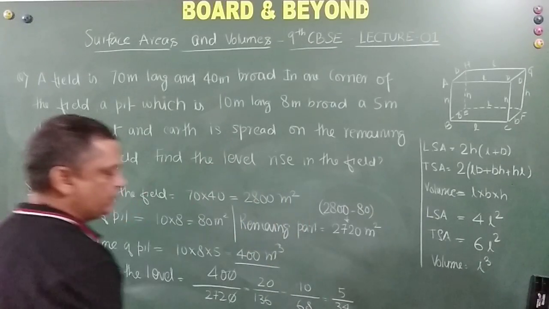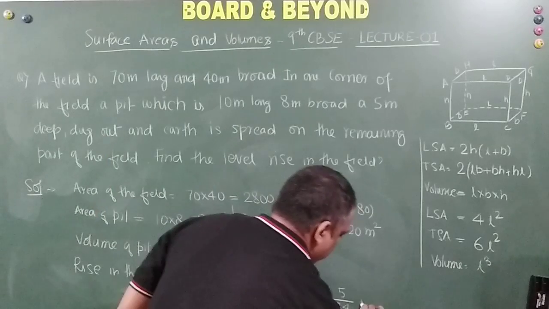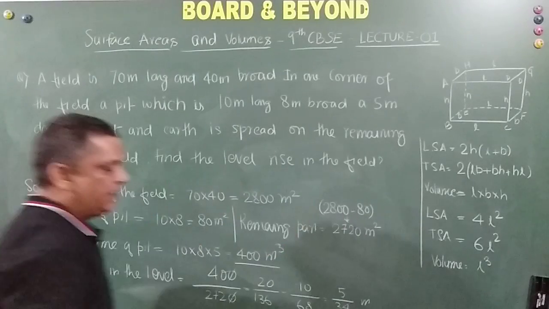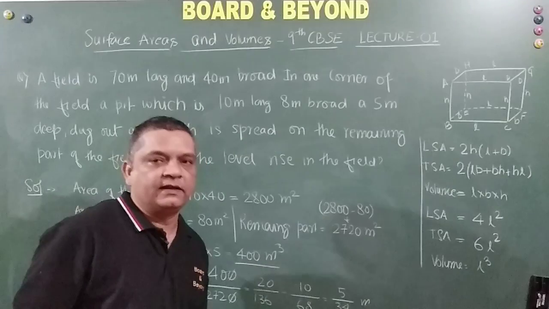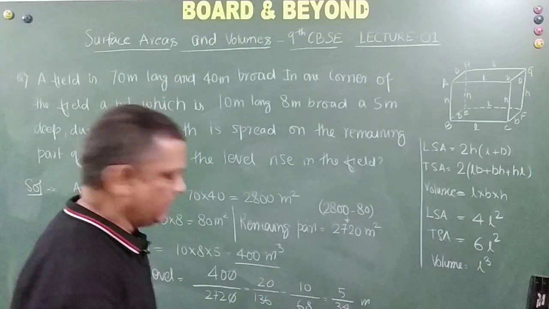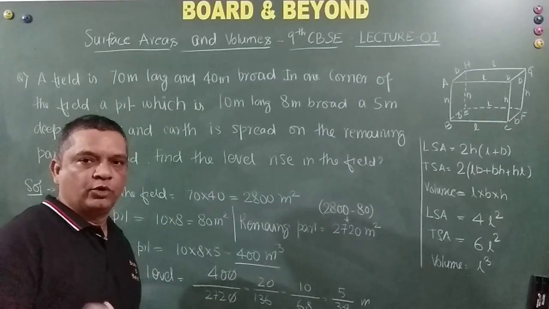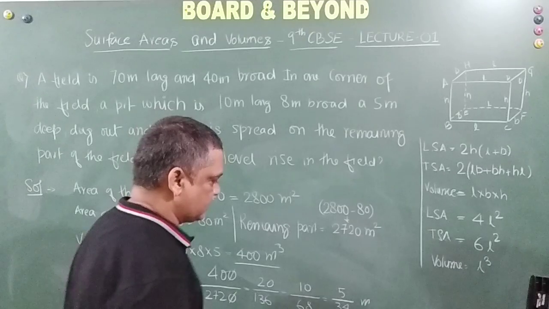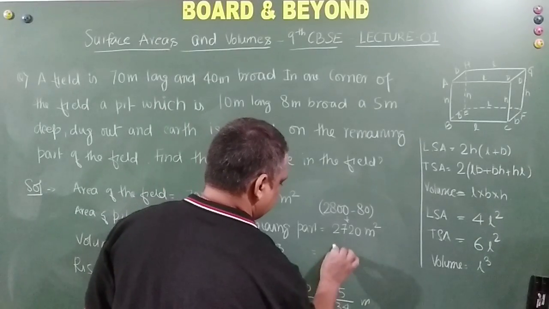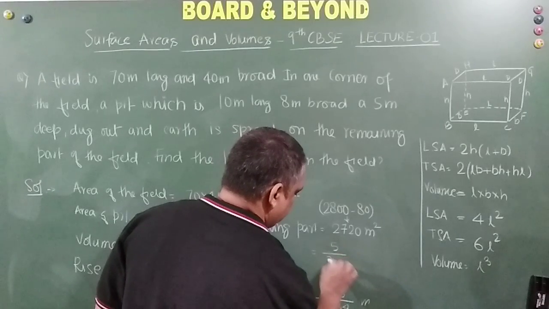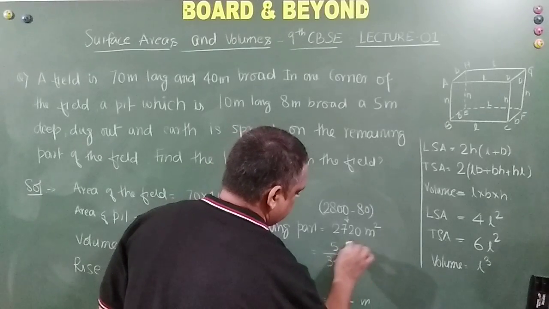I think we have to stop it here. So we can say the rise in the level of the field will be 5 by 34 meters, right friend? We can leave it in meters as well, no problem. I'll just write it here, 5 by 34 meters.